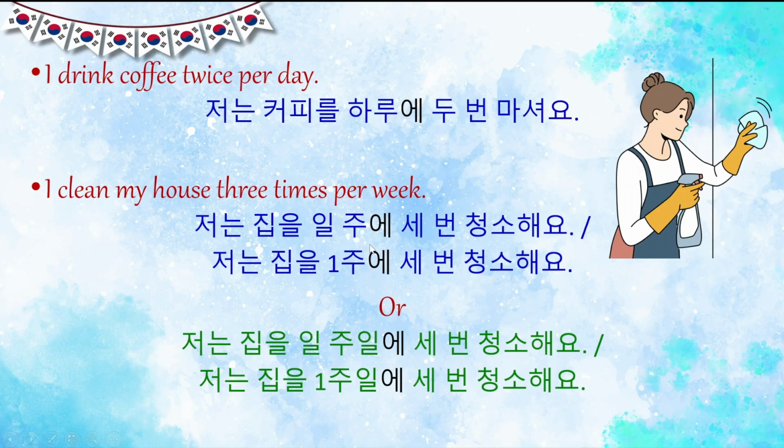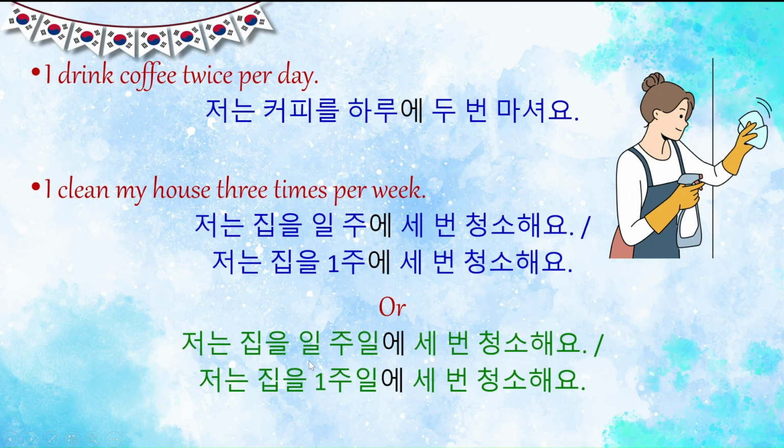The only difference between these two sentences is that in the first case, we have used 주 for week, and in the second case, we have used 주일 for week. Okay, both of these words can be used for week, although the common way to say week in Korean is 주.